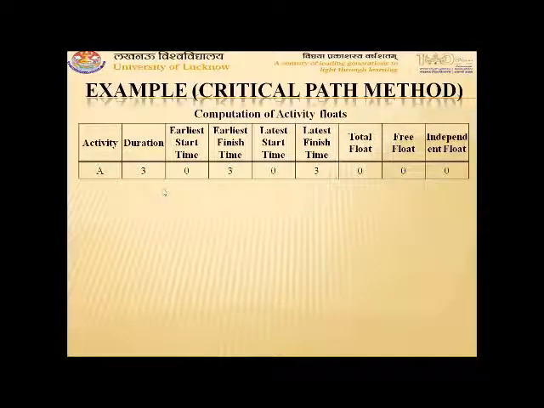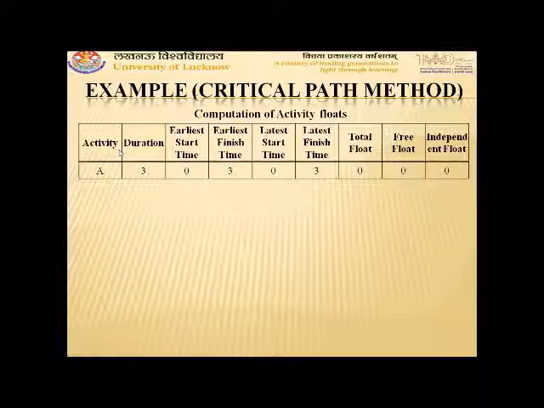For activities, you can construct a table which consists of the activity, duration of the activity, earliest start time, earliest finish time, latest start time, latest finish time, then total float, free float, and independent float. For any activity, the earliest start time will be Ei and latest start time will be Li. Similarly, earliest finish time will be Ej and latest finish time will be Lj.